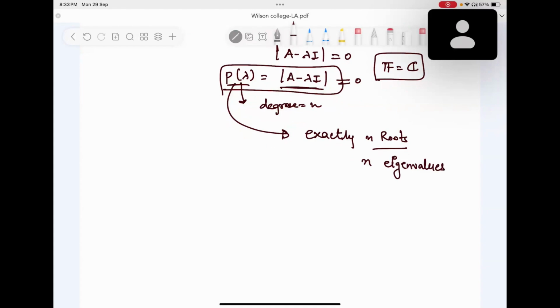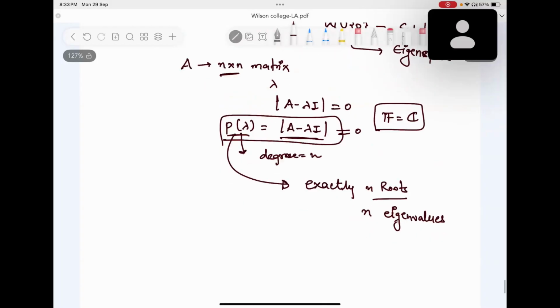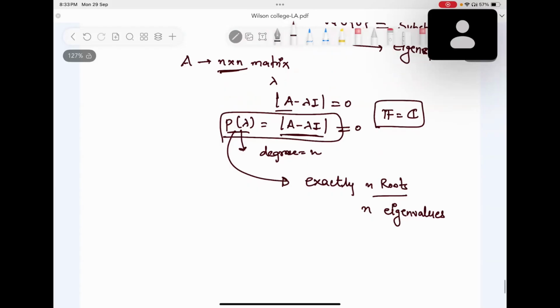So this is your n cross n matrix, of course finite dimensional. In finite dimensional, you will always have eigenvalues corresponding to a matrix or a linear transformation.